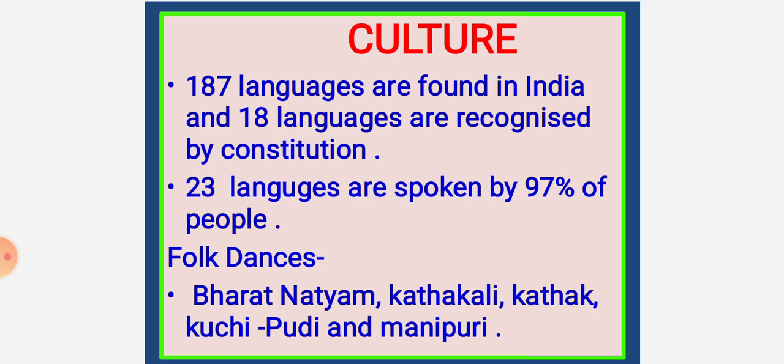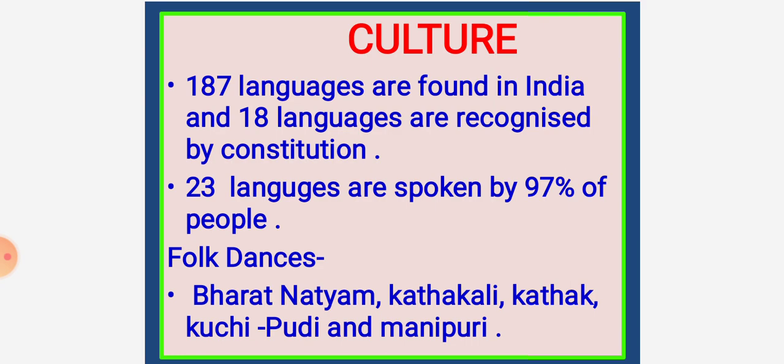Now we will study about Indian culture. 187 languages are found in India and 18 languages are recognized by the Constitution. 23 languages are spoken by 97% of people. So there is too much diversity in the language of people. Even among people speaking one language, there is difference from area to area, in some vocabulary words, some intonation pattern, some pronunciation.